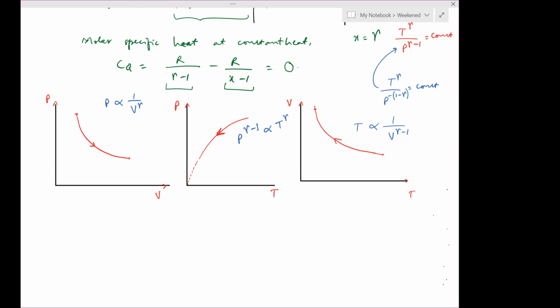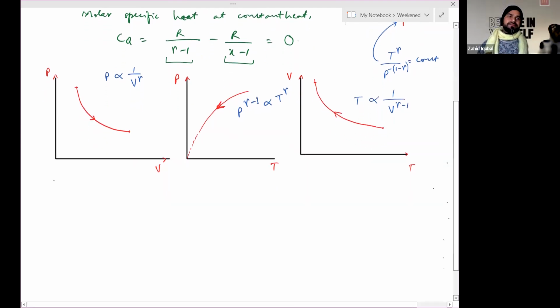You finished, sir. Okay. Now, related to this part, first you'll be asked to calculate the slope of this particular PV curve. So slope of pressure versus volume graph.